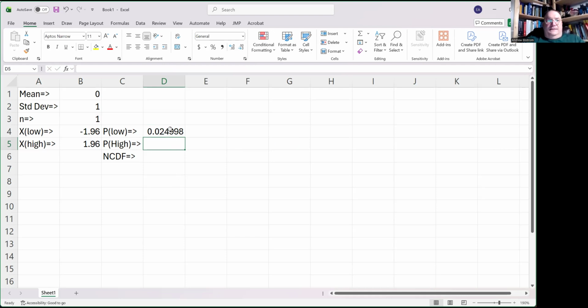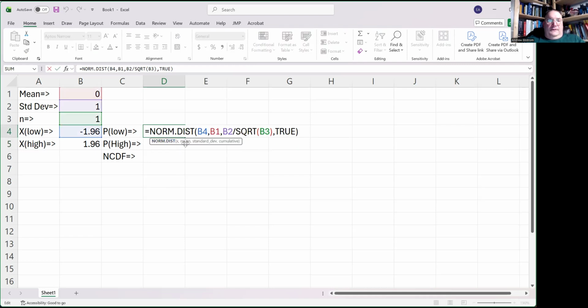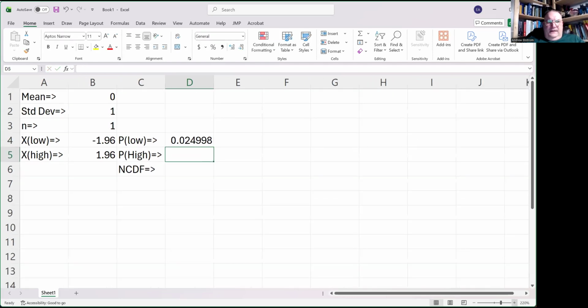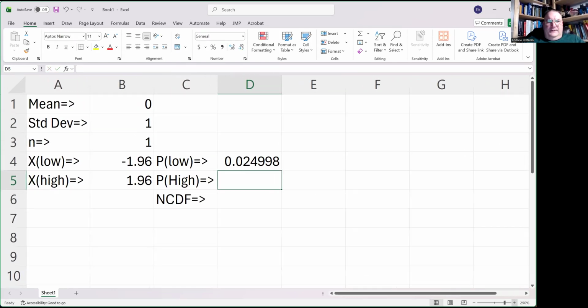So what I really need to do is come back up here. When I look at everything that's up here, the X value is going to change, but B1, B2, and B3 need to stay right where they are. So in order to do that, I will hit the enter button and try to make this a little bit larger so hopefully everyone can see it.